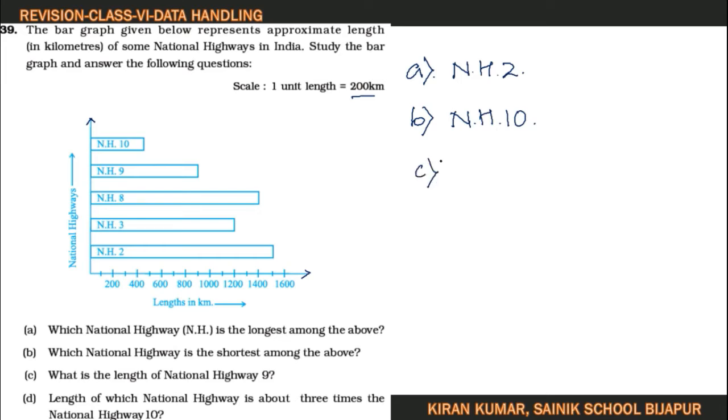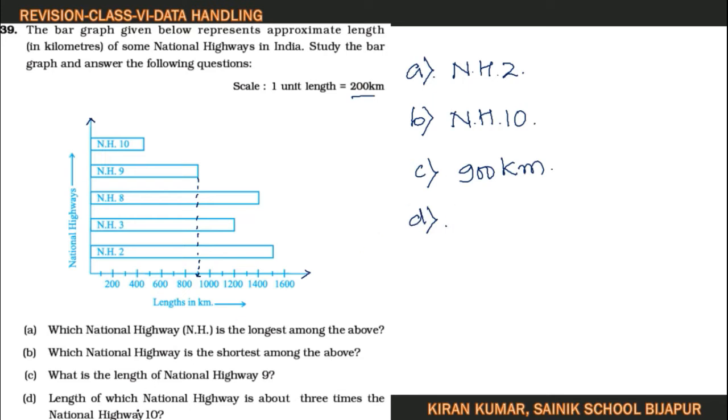Third one, what is the length of the National Highway 9? Observe it carefully. Let me draw a vertical line with respect to the National Highway 9. It comes out to be 900. So the length of National Highway 9 is 900 kilometers.